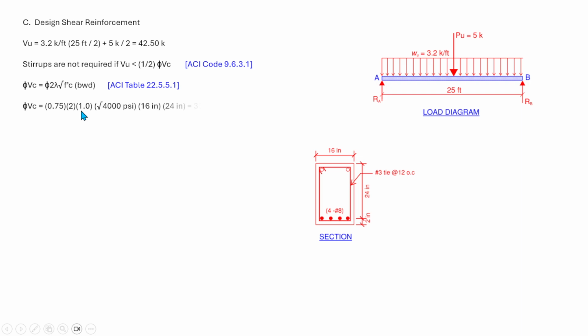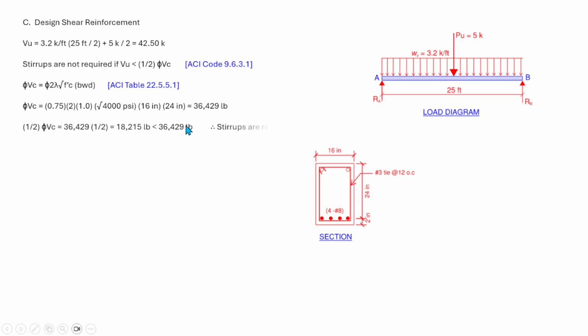So the phi Vc is equal to 0.75 times 2 times 1. And this is normal weight concrete, that is lambda is equal to 1. So square root of 4,000 psi strength of concrete times 16 inches for the width of the beam times 24 inches equal to 36,429 pounds.